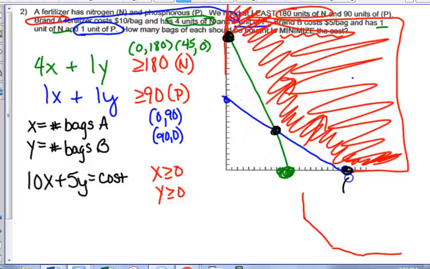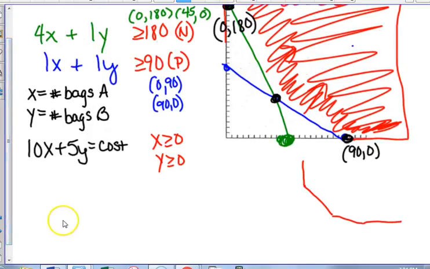This point down here was 90, 0. And this point up here was 0, 180. How do we find this guy where the green and blue intersected? We could use a matrix. Look at the equations here. Couldn't I just add those together or subtract them?